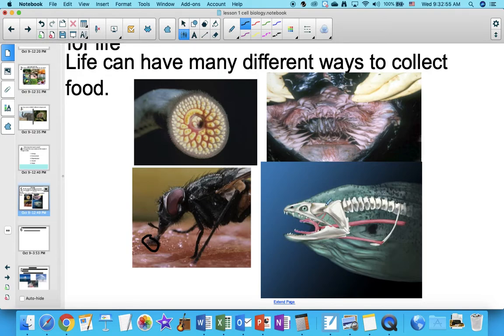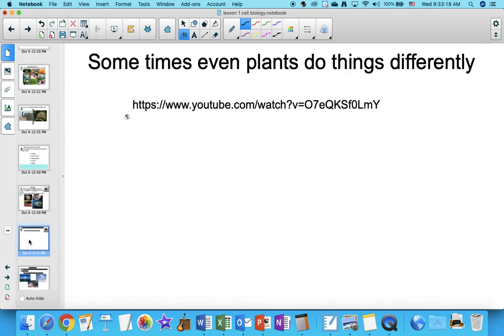And we have one of the more interesting ones, the moray eel, that has a second mouth inside its mouth. And so when it eats something, when it bites something, the second mouth comes out, grabs something, and pulls it back. And so all of these animals have very different ways of collecting and getting energy. But they all require energy. It's just the way they do it is different.